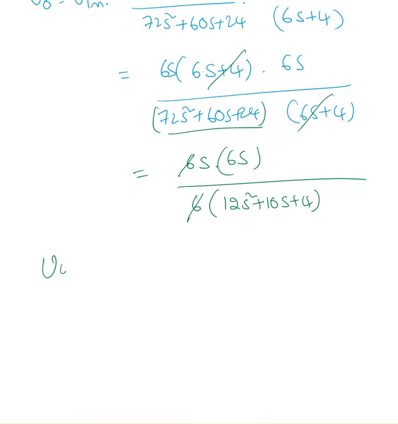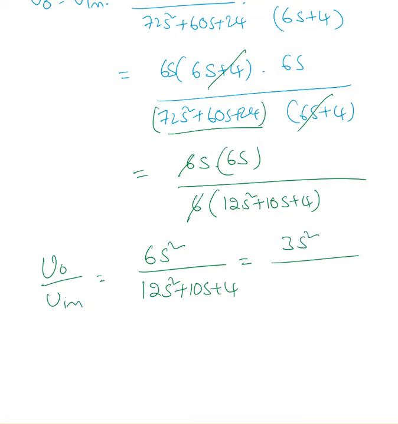So I have V naught over Vn equal to 6s square over 12s square plus 10s plus 4. If I further simplify, V naught over Vn equal to 3s square over 6s square plus 5s plus 2.